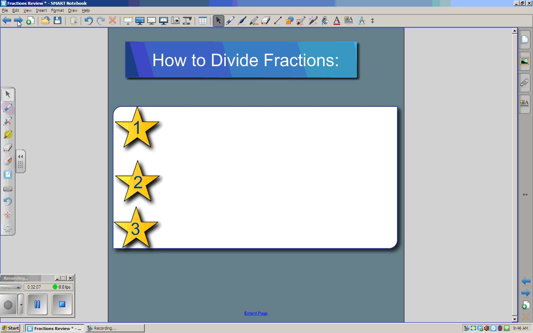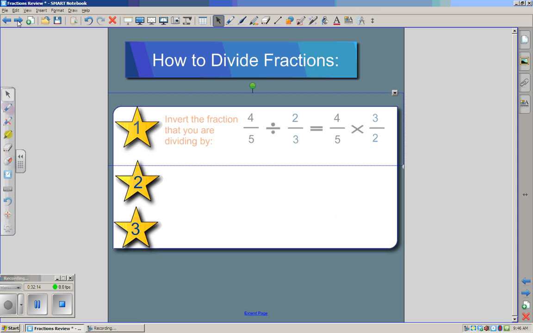All right, so here's just a quick organizer that I created just to show you how to divide fractions. So our first step is that we multiply by the reciprocal. So if I had the fraction 4/5 divided by 2/3, since I can't divide, I keep my first fraction the same, 4/5, and multiplying by the reciprocal, I flip the second one. 3 over 2 instead of 2 divided by 3.